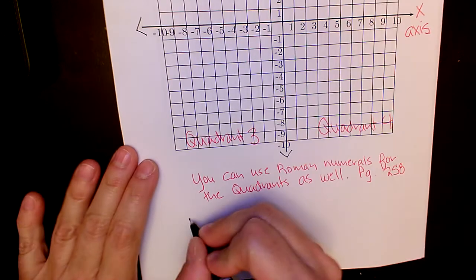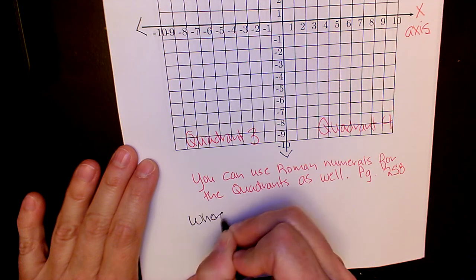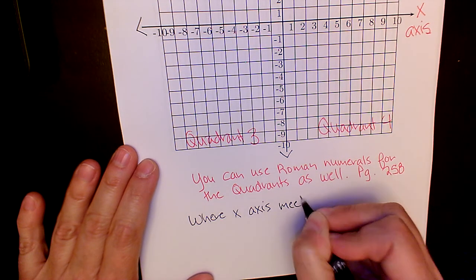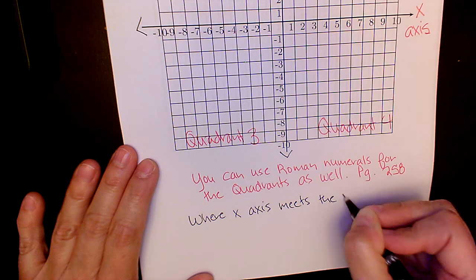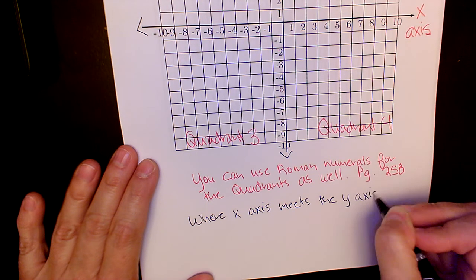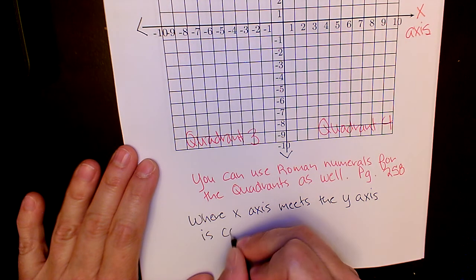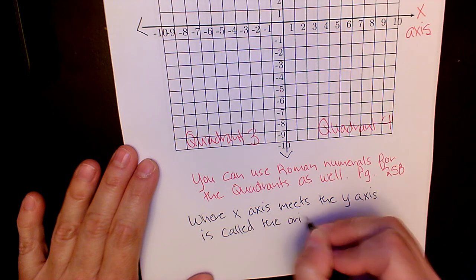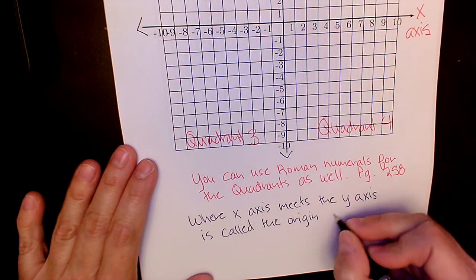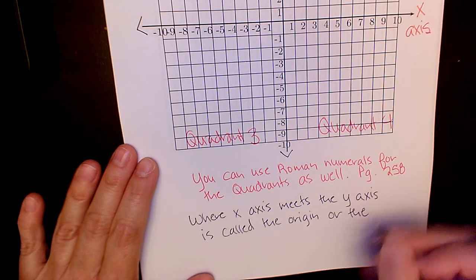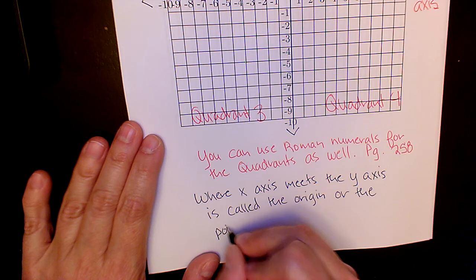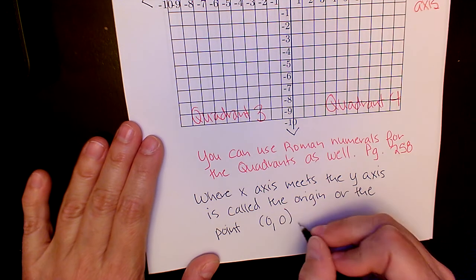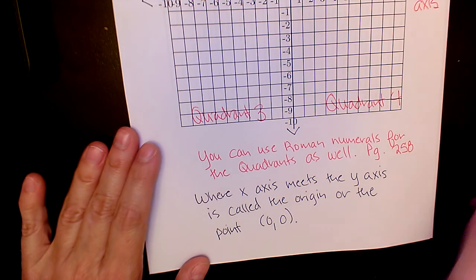Where the x-axis meets the y-axis is called the origin. We could also call it the point (0, 0).